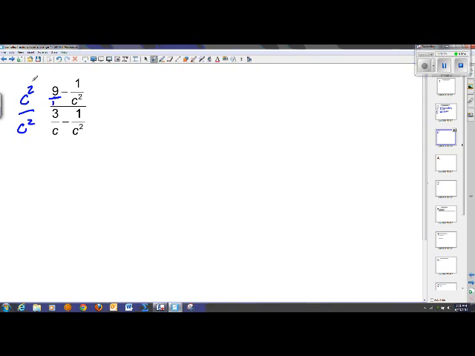I'm going to multiply that to all terms in my numerator and all terms in my denominator. All right, multiplying through, I get 9c squared. The c squared and the c squared reduce in the second term, so I'm left with 1. C and c squared reduce to a c, so I'm left with 3c. And the c squared and the c squared reduce to 1, so I'm left with 1.